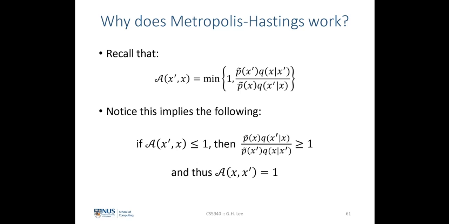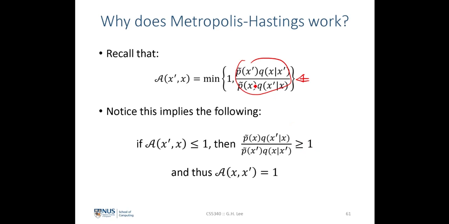Recall that the acceptance condition is given by this equation, where we take the min of 1 and the ratio computed from the unnormalized target distribution as well as the proposal distribution. Notice that the acceptance criterion implies the following. If the acceptance criterion is less than or equal to 1, then the inverse of this condition is more than or equal to 1.